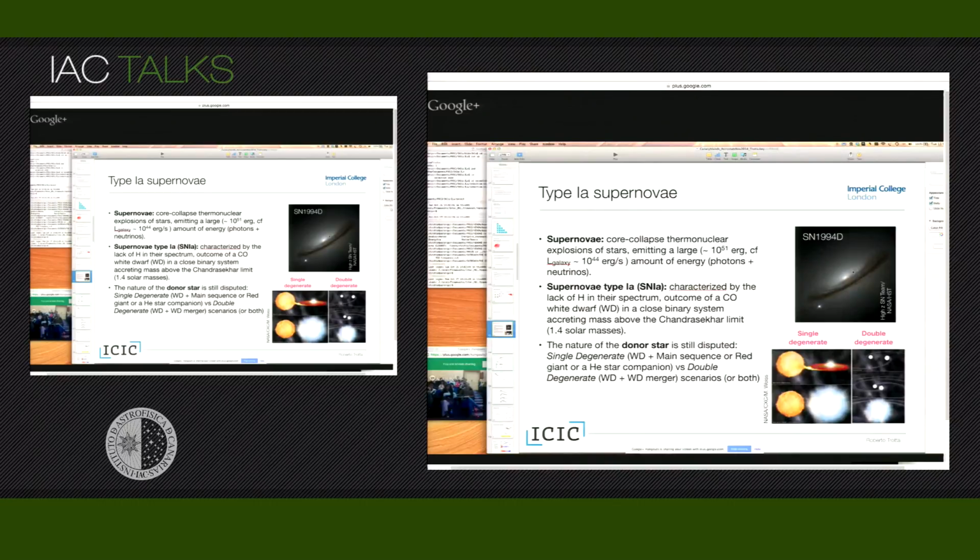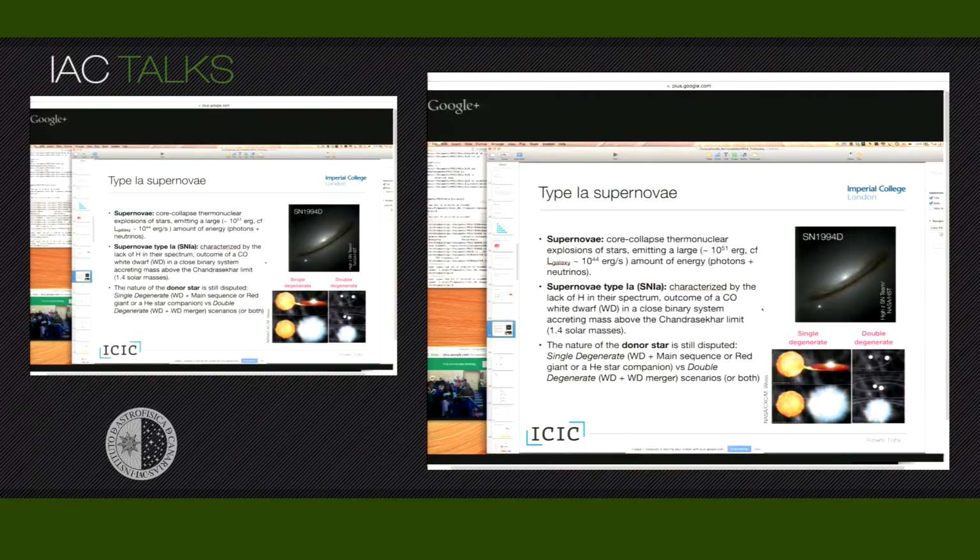And the important part, the only thing that we need to know about the astrophysics of those systems, is that it's widely believed that the supernovae of type 1a are coming from a different formation mechanism. In other words, they are not core collapse supernovae of the kind that I just described.